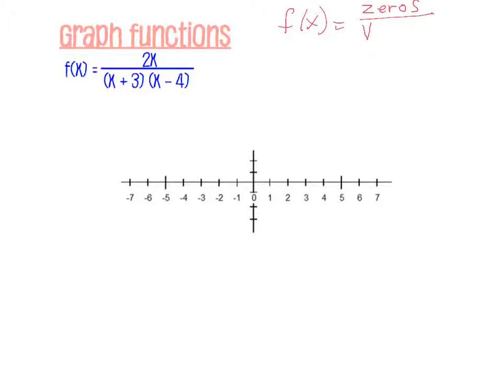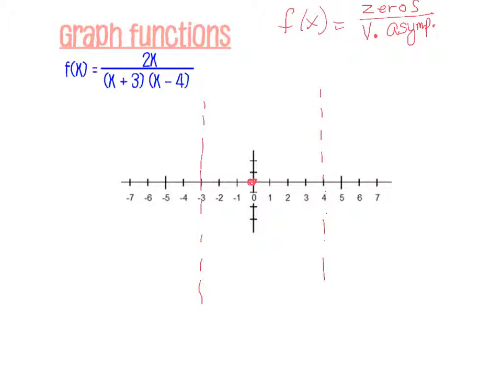Remember, you don't want 0 in the denominator, which is going to give you your vertical asymptotes. Let's start with that then. In this example, I have a 0, or an x-intercept, at 0. I'm going to have vertical asymptotes at -3 and at 4.